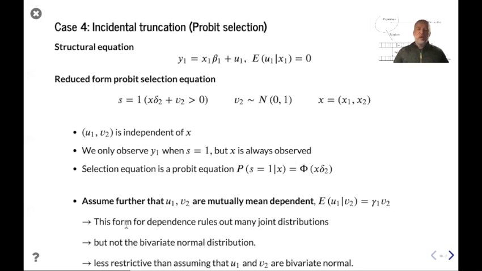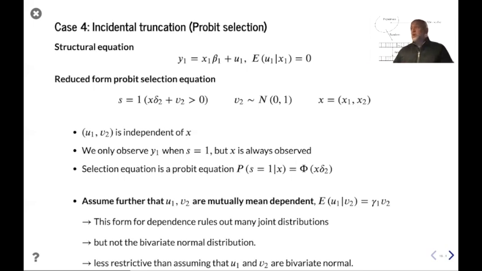So this form of dependence rules out some joint distributions, but we're not making any particular functional form assumption about what this particular distribution is. For example, we're not assuming that U1 and V2 are bivariate normal. It does not rule out the bivariate normal distribution, but we're not assuming that they're bivariate normally distributed.